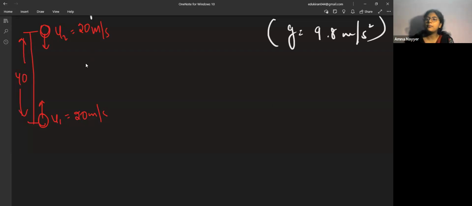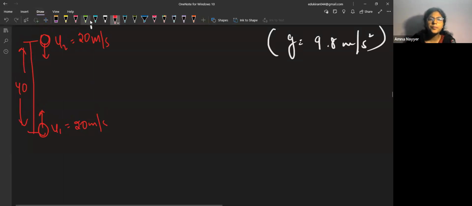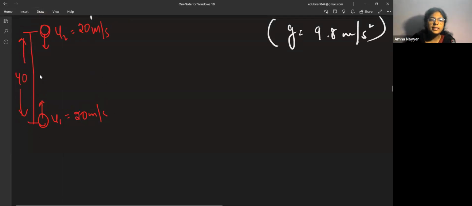Let's say we have to find the point where the balls meet. Let me take a point, let's say this point. This is X. If this is X, can anyone tell me how much this will be? The entire separation is 40. I have just taken X from here, from the first ball.